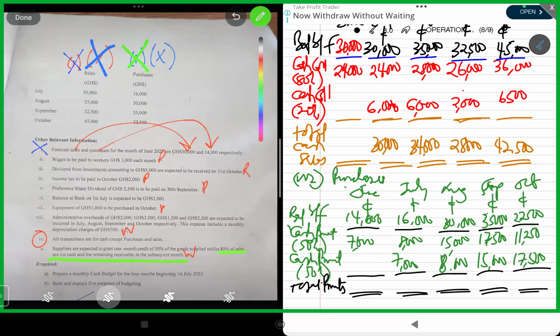So I can choose to omit it. So July, what's the figure for July? 15,000. August, 23,000. September, 32,500.